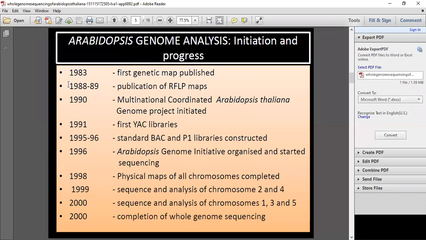Then they prepared the Arabidopsis genome. In 1996, the Genome Initiative was organized and started sequencing the genome. Firstly, they prepared the genome library. Then after that they started sequencing the genome.